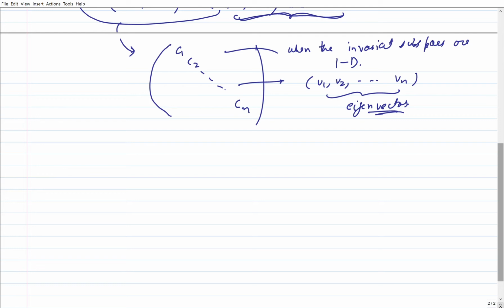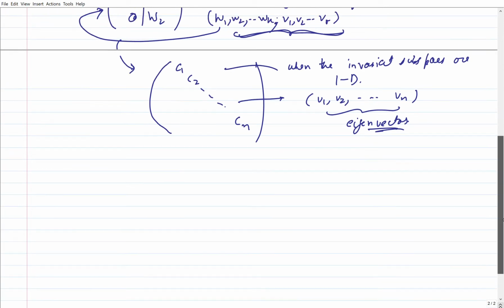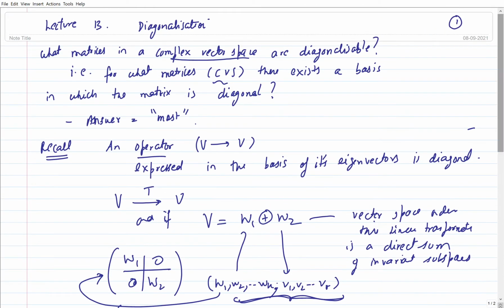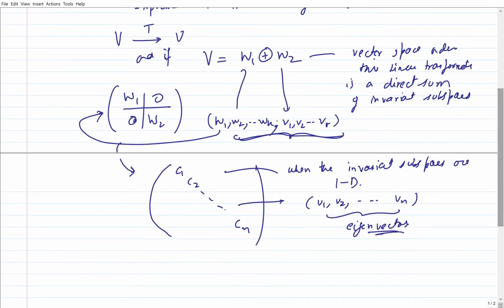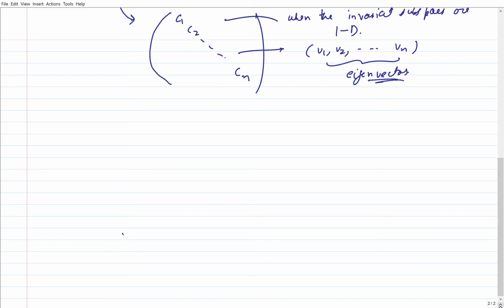So essentially, what do we have? If we want to find the condition that the matrix is a diagonal matrix in some basis, it boils down to the condition that the operator, I'm going to use operator and matrix interchangeably, it doesn't matter, should have a basis of eigenvectors.